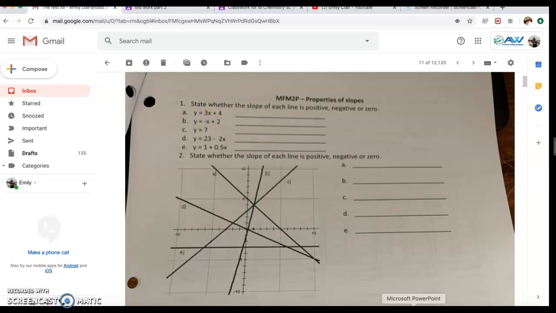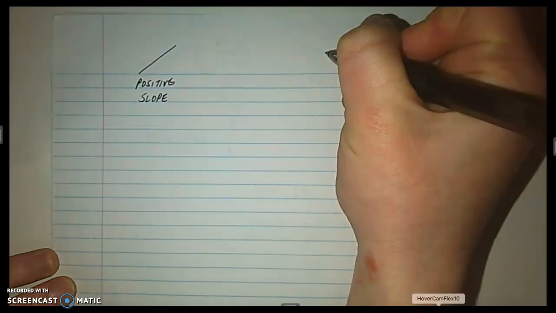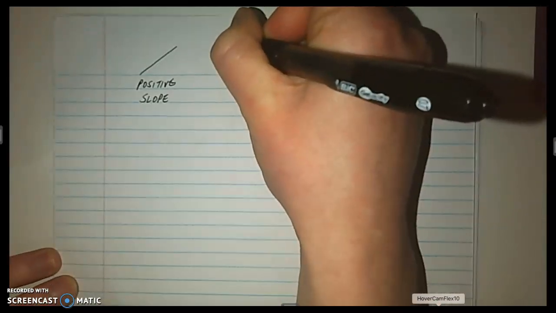So a positive slope, I'll just switch over to here. Positive slope means that the line is increasing from left to right. So this is a positive slope. Negative slope would be the opposite.